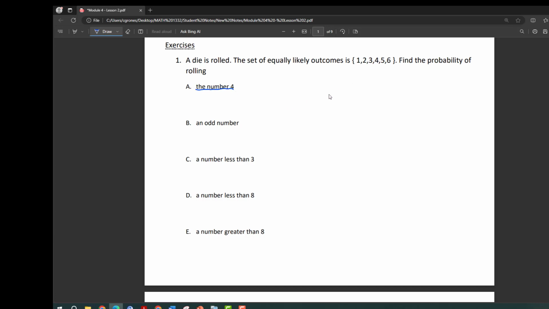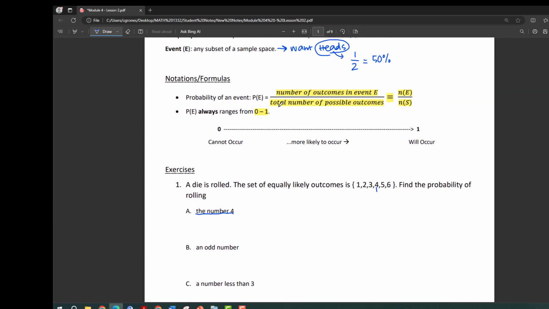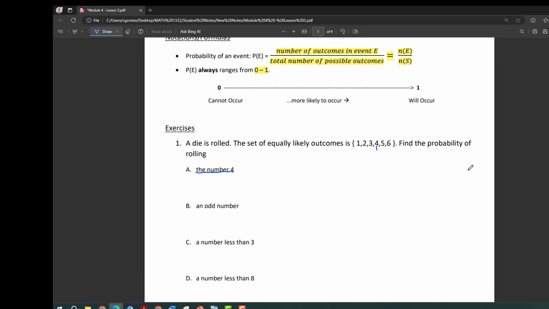So we have 6 different numbers that we are choosing from, and we are going to pick 4 out of those 6 numbers. So remember, our probability of the event is the number of outcomes in that event divided by the total number of possible outcomes. So the event that we are looking at is the number 4.